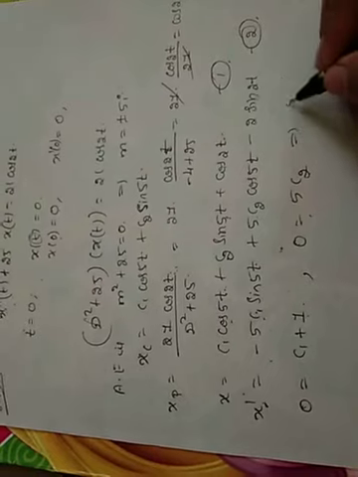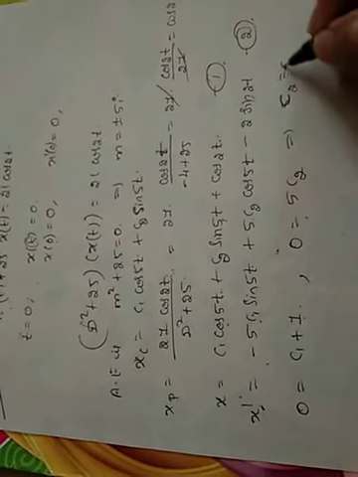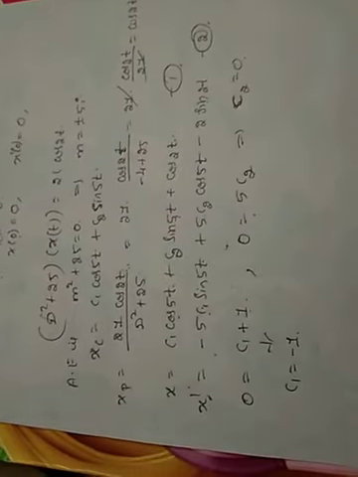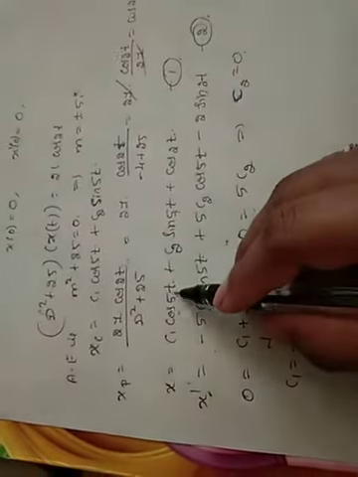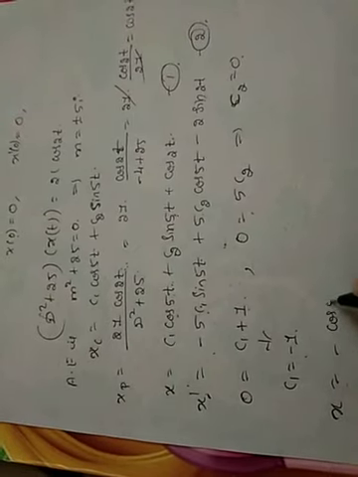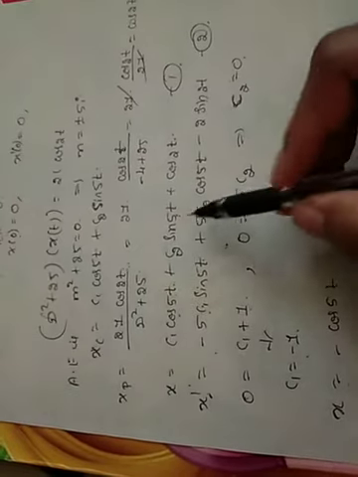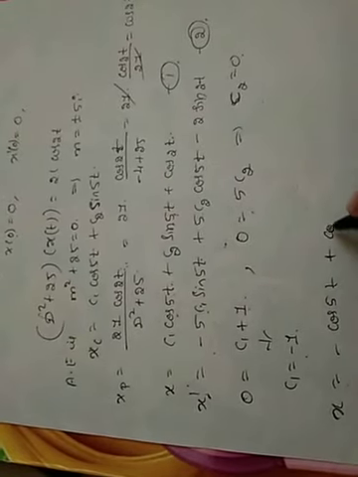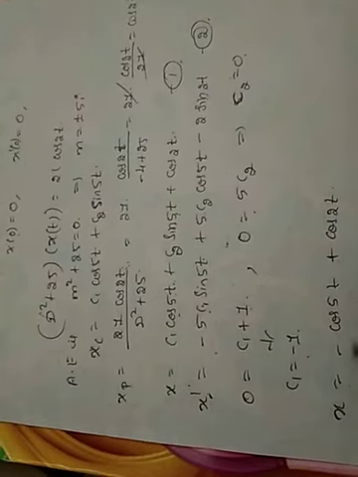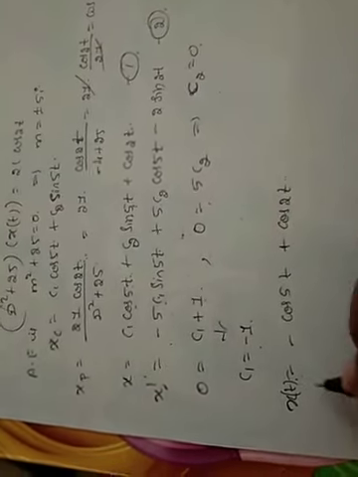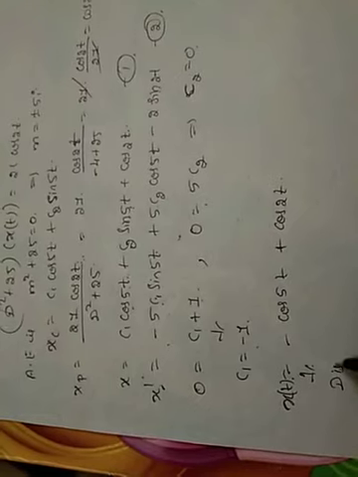That implies c2 equal to 0, and c1 equal to minus 1. Substitute c1 and c2 in x. So then x equal to minus cos 5t, c2 is 0, plus cos 2t. That is your x. x is nothing but your displacement.